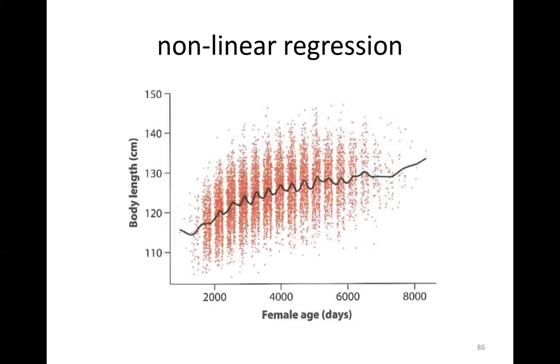And here we have an example of, I think it was seals, of which the bodies were measured across their lifetime, many individuals, as you see. This is not the super nice example because there are some gaps in the data. In some seasons they apparently cannot measure, but in other seasons they measure the lengths of the females, and apparently there is some flexibility of the body.